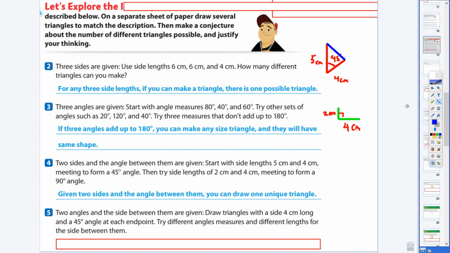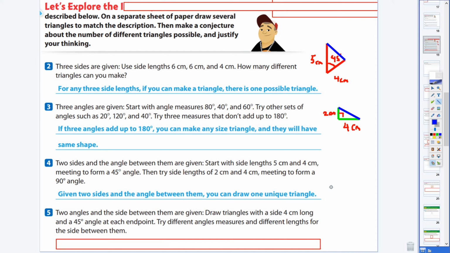Doesn't matter how many times I flip it or slide it. Same thing here. We know this is 90 degrees. 2 centimeters will never change. 4 centimeters will never change. The 90 degrees will never change. So there's only one line segment that can close for this triangle. That's why you can only draw one unique triangle. So that's a rule for later on in this lesson.